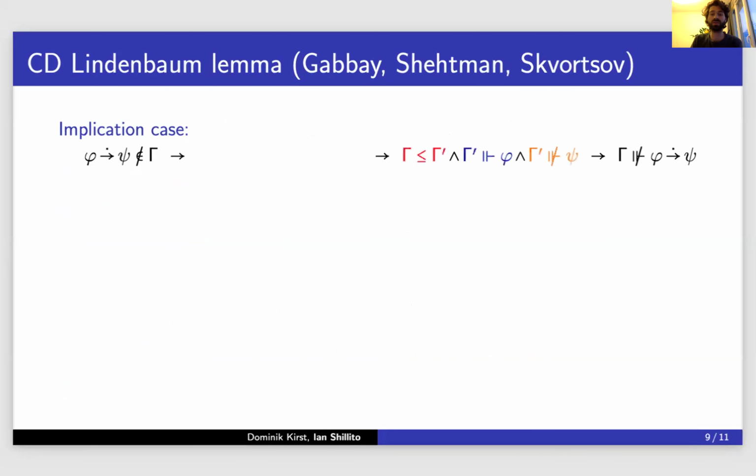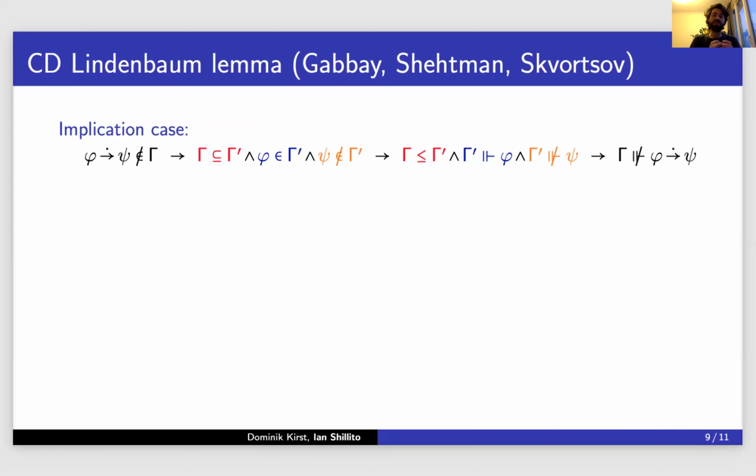We need to find a successor gamma prime of gamma, which forces phi, but not psi. This is just purely semantic. And so if we think again about the truth lemma situation where we have the induction hypothesis, we know that it's sufficient to obtain a gamma prime, which is a superset of gamma, which contains phi, but not psi. Now, the question is, how on earth do you find this gamma prime?